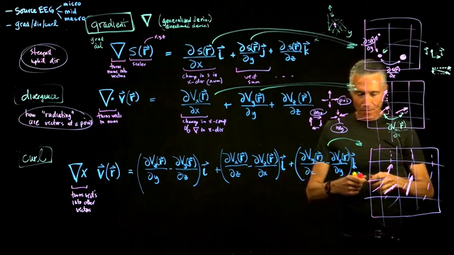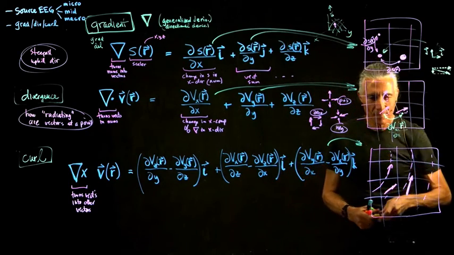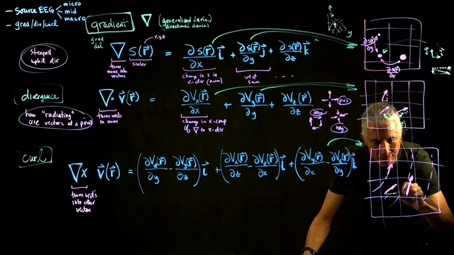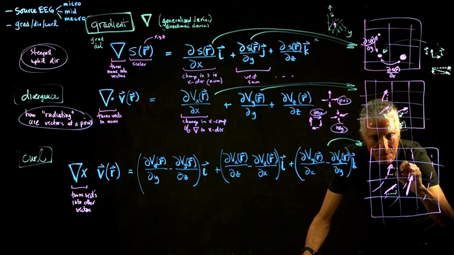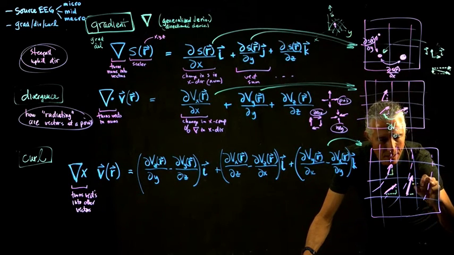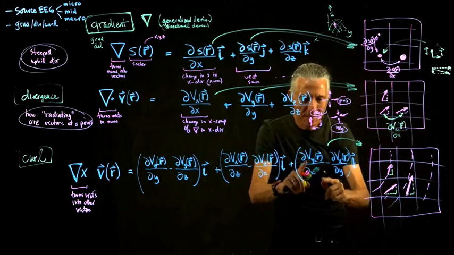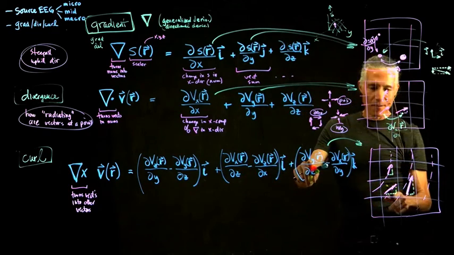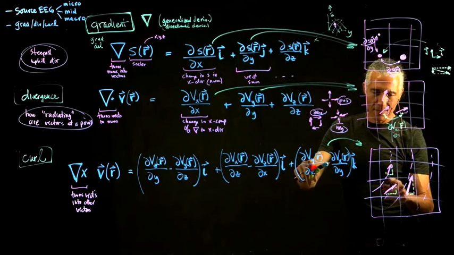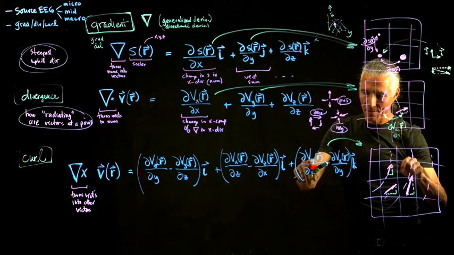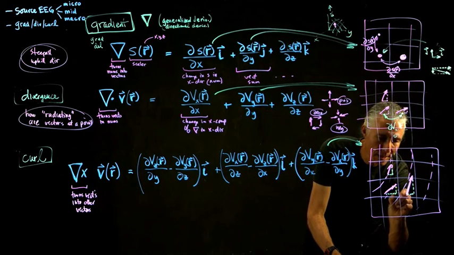So what this says is, here are the components of those vectors, the x and y components. This one says if we look at the y component of the vector, so the vertical one here, moving in the x direction, so that means here's the y component.